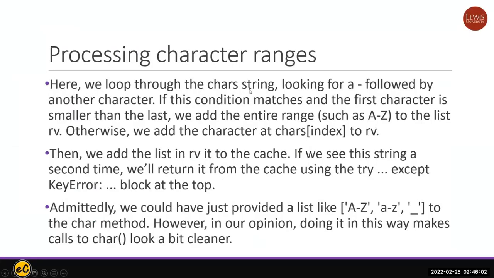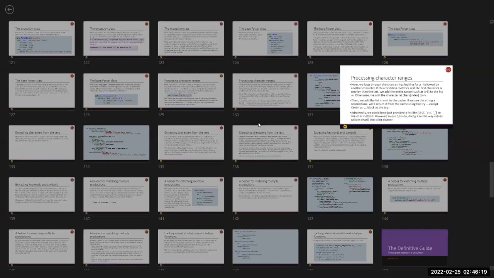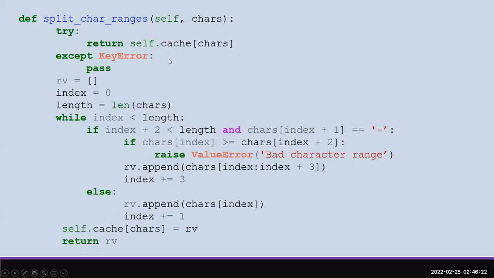Here, we loop through the character string and look for a minus sign followed by any other character. So you put a certain range into the RV. Then we add the list RV to the cache, the range of the RV you put into the cache. Your RV is the range, and you put it in your cache of the characters.